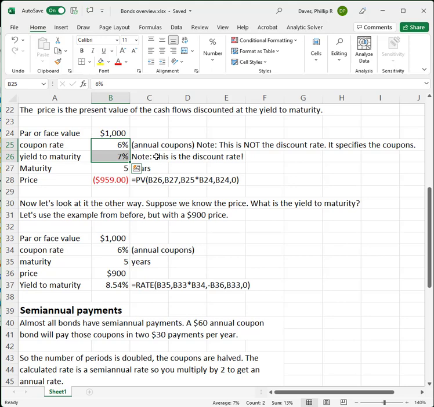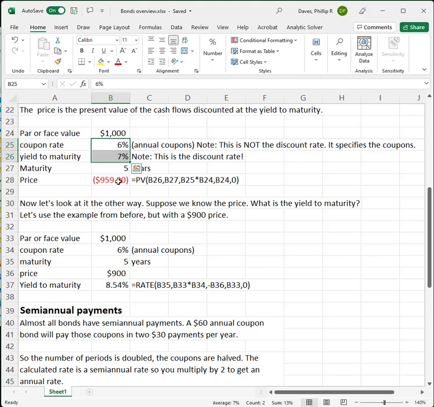We don't know what that coupon rate is going to be, but the market right now has yields to maturity of bonds of this riskiness of about 7%. For some technical tax reasons, it's way easier for the company and for the investors if the company issues the bonds at such a coupon rate so that the price is very close to the par value.